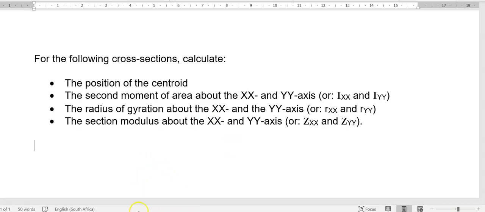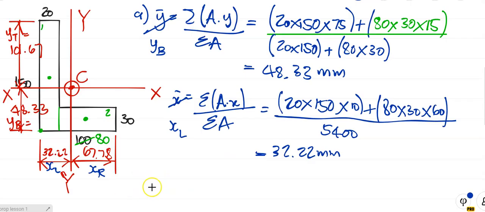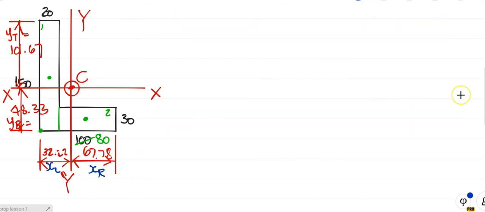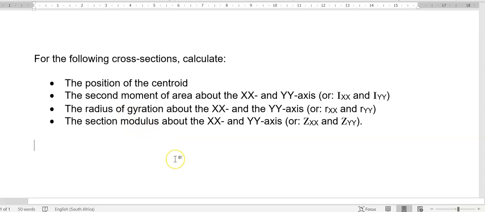I'm now going to continue with the next part of the question, calculating the second moment of area about the x and y axis. The second part of the question is to calculate the second moment of area about the x and the y axis.